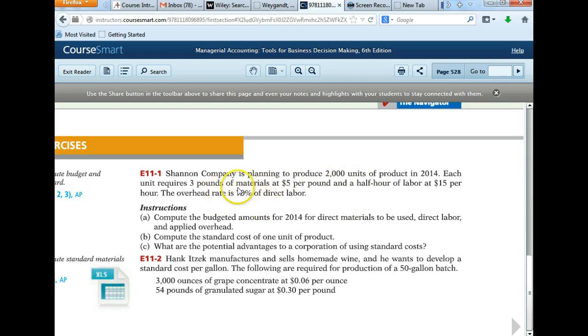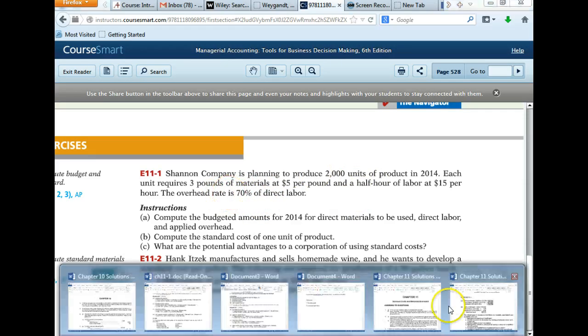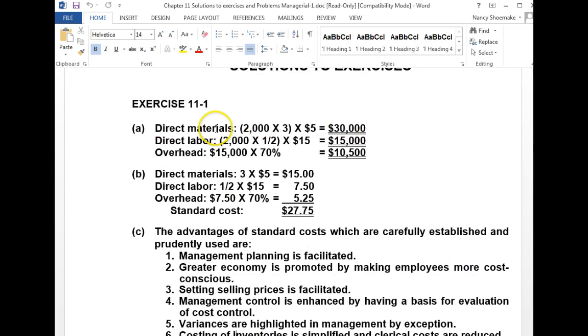So how we will calculate this, direct materials, 2,000 units times 3 times 5 gives us a budgeted amount of materials of 30,000. Our direct labor, 2,000 times a half an hour times $15 an hour will provide us with a standard here of 15,000.